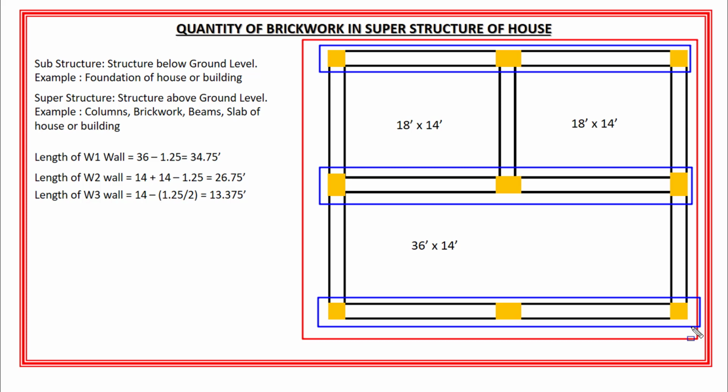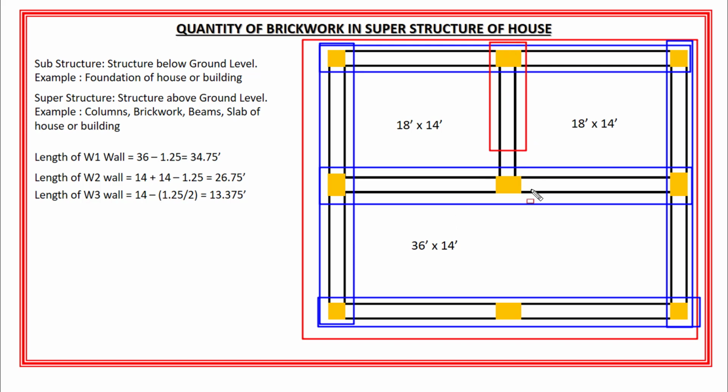So let's name these three walls as W1. Then these two walls are also provided in the same direction and with the same length as well. So let's name these two walls as W2. And let's name this partition wall as W3, whose length will be different from these two walls.